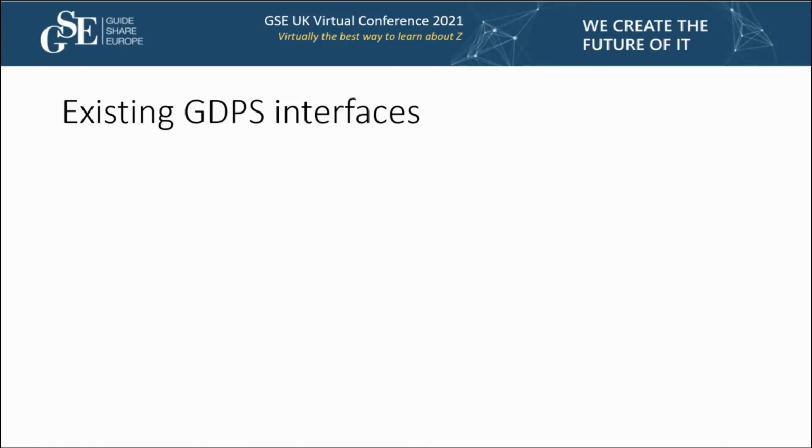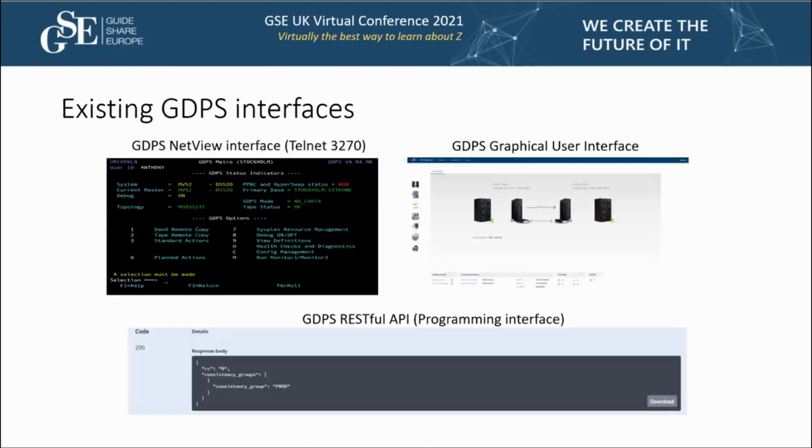The historical user interface for GDPS is the Telnet 3270 interface running in NetView. GDPS relies on several components, such as NetView and System Automation. And the classic way to access the GDPS panel is through NetView.